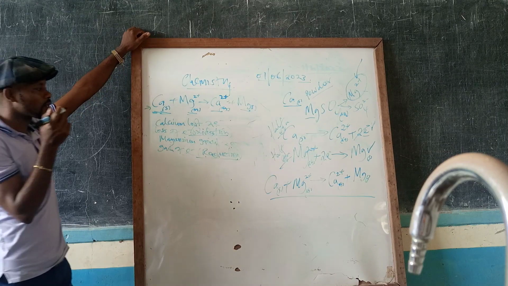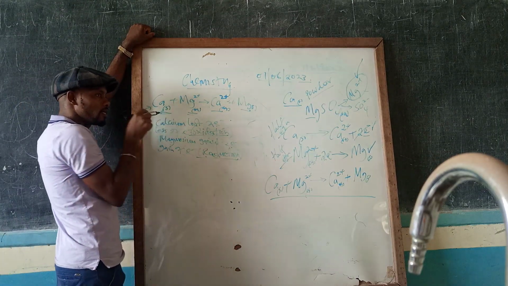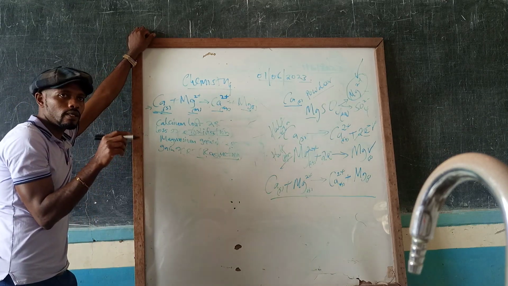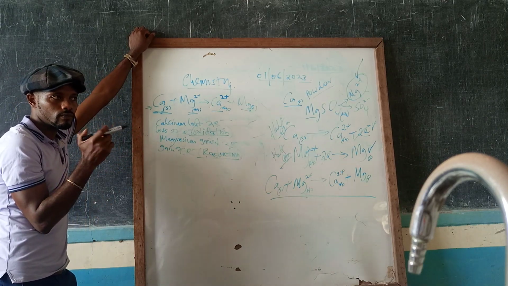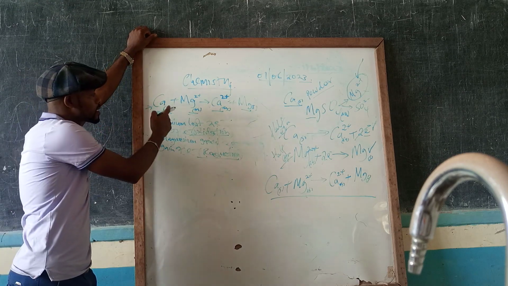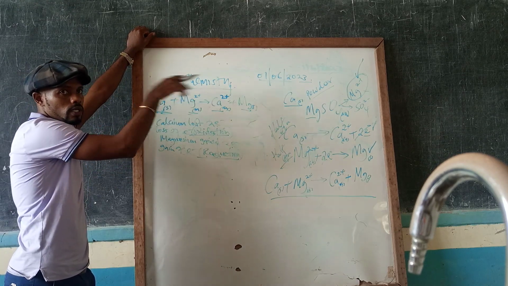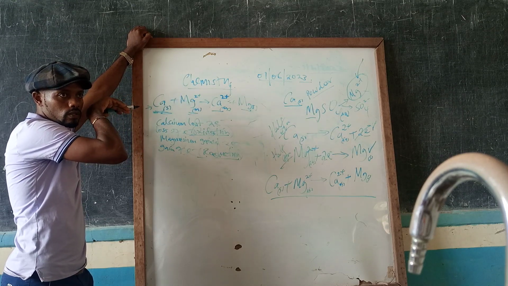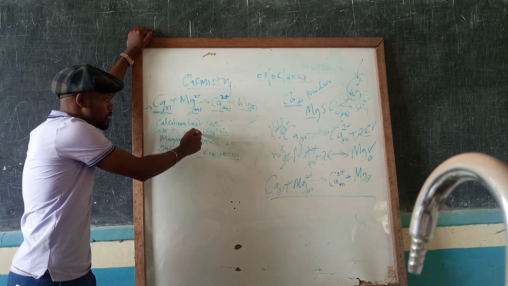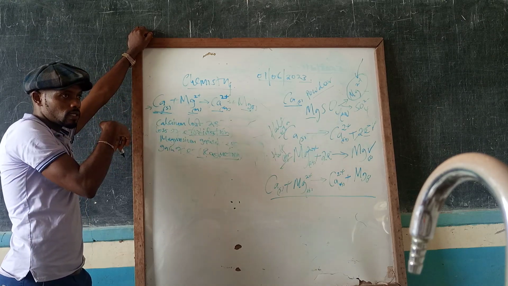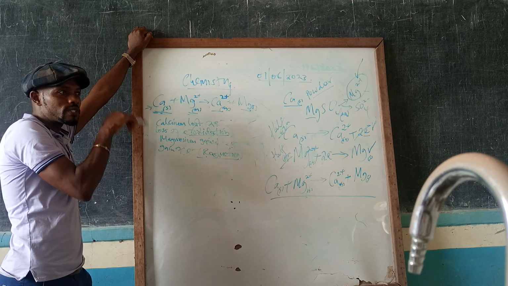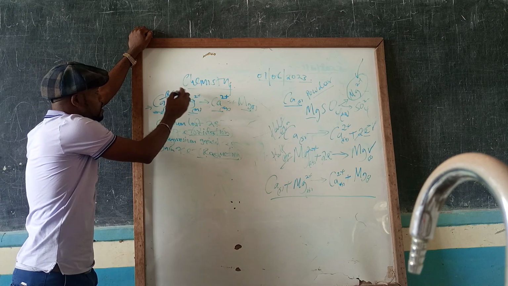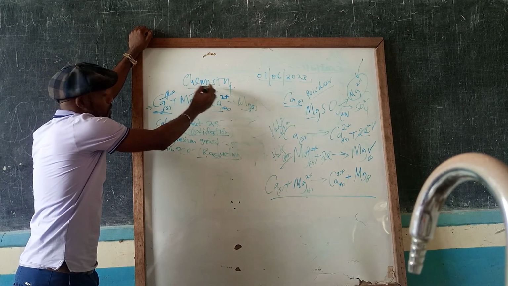To make it clear, an oxidizing agent is reduced, and a reducing agent is oxidized. Since calcium has given out electrons, that is the state of oxidation. It is oxidized, so it is a reducing agent. This one becomes our reducing agent, and this one becomes our oxidizing agent.